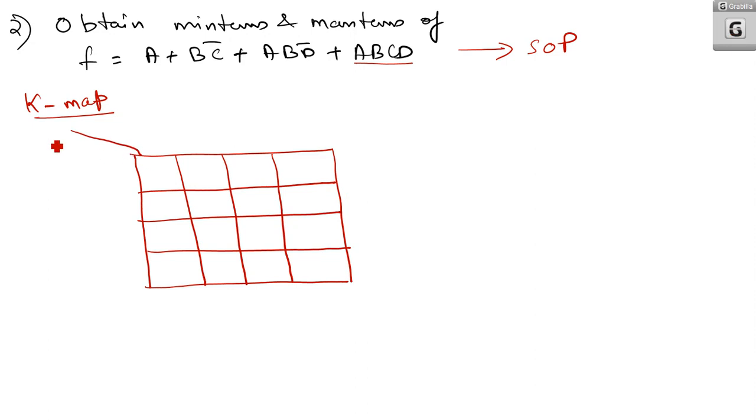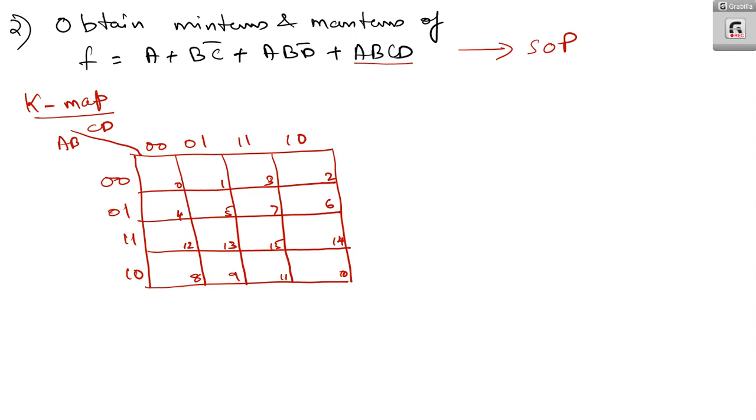So here I am having AB and this is CD. This is 0, 0, 0, 1, 1, 1 and 1, 0. So this is 0, 1, 2, 3, 4, 5, 6, 7, 8, 9, 10, 11, 12, 13, 14 and 15.